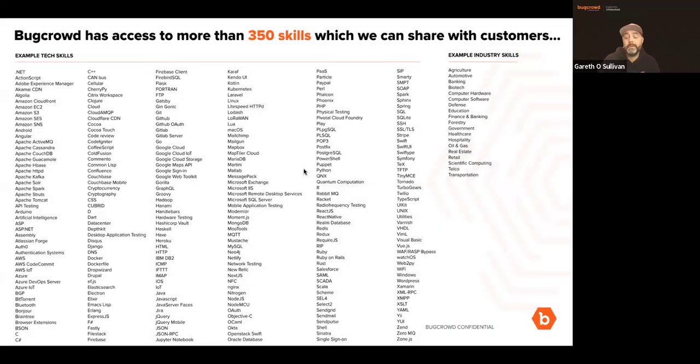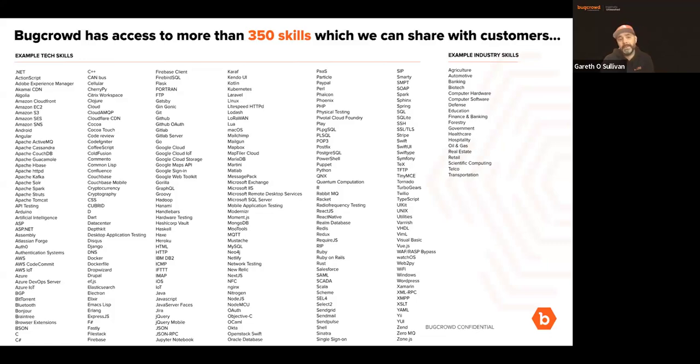From a skills perspective, there's a huge volume of different types of skills in the crowd. No matter what kind of security testing crowd you engage with, we've identified, as an example here, about 350 skills that we've enabled to date, and growing. The community that we work with is growing all the time.